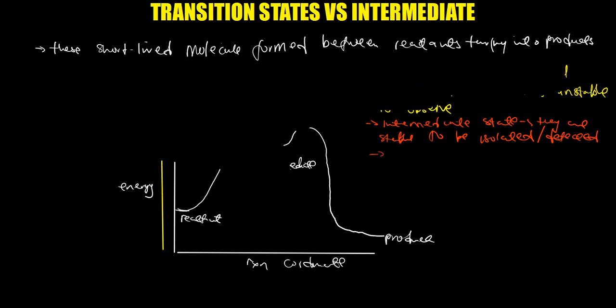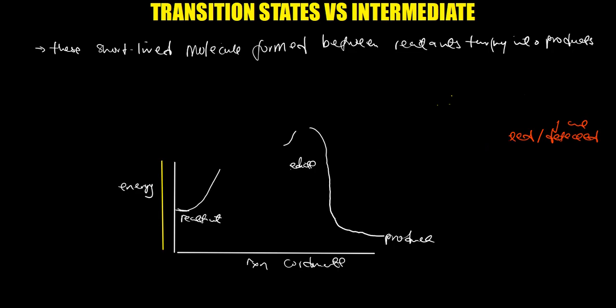So you can tell them that they are both short-lived molecules. For even defining transition state, you can say these are short-lived molecules, which are theoretical structures that are even too unstable to observe.